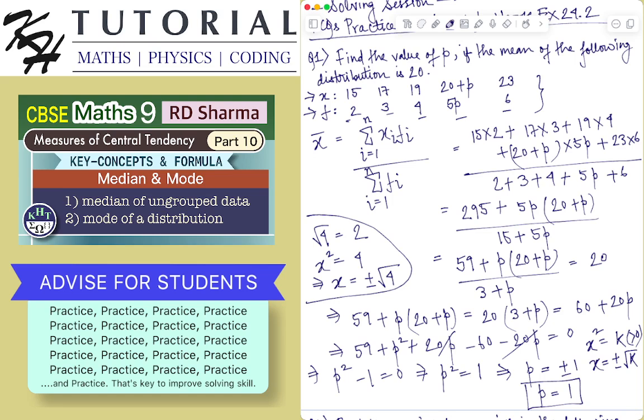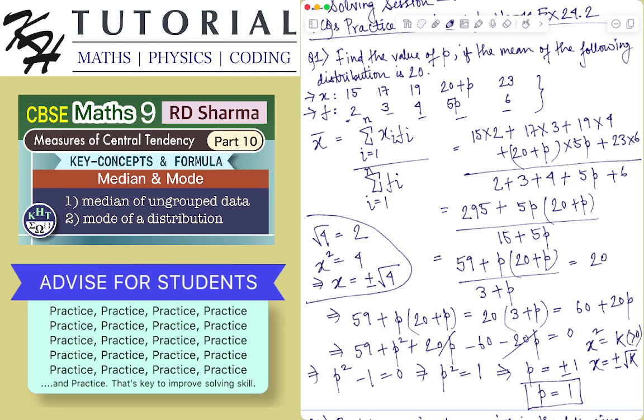So keep this in mind whenever you have some unknown variable in the frequency. After solving it, if you get multiple values of p that satisfy the equation, you should only consider the value of p such that that particular frequency, in this case 5p, is a natural number.